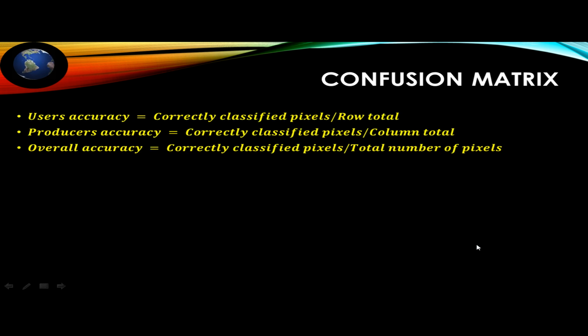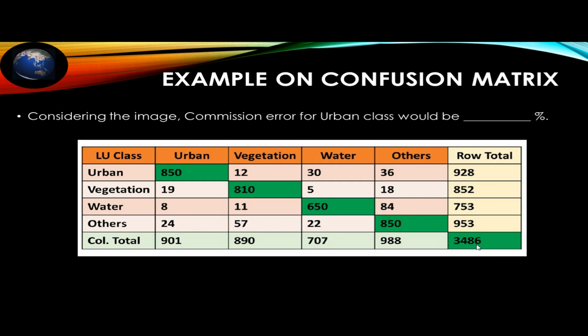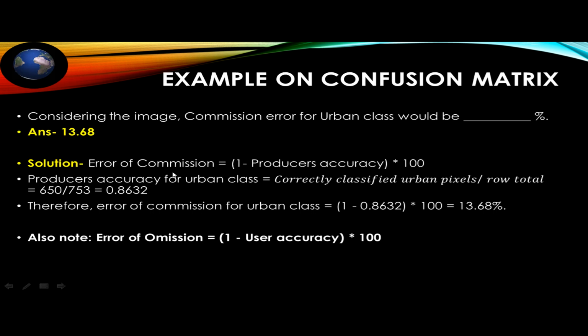As I told, for user accuracy in the confusion matrix, the correctly classified pixels are divided by the row total. For urban, the urban pixels, 850, are divided by the total. Error of commission for the urban class is equal to 1 minus producer accuracy, times 100. Producer accuracy for the urban class is correctly classified urban pixels divided by the row total.